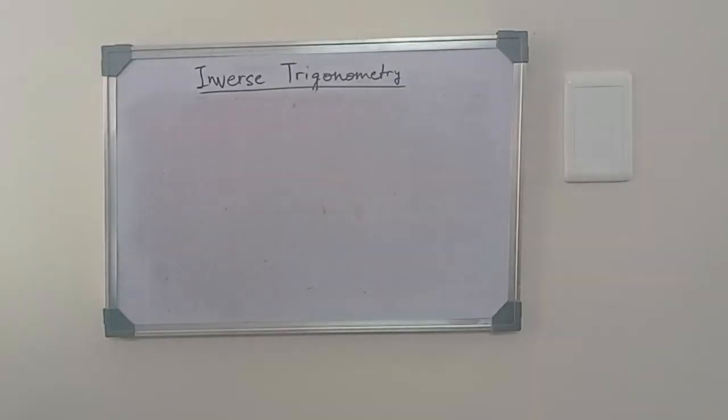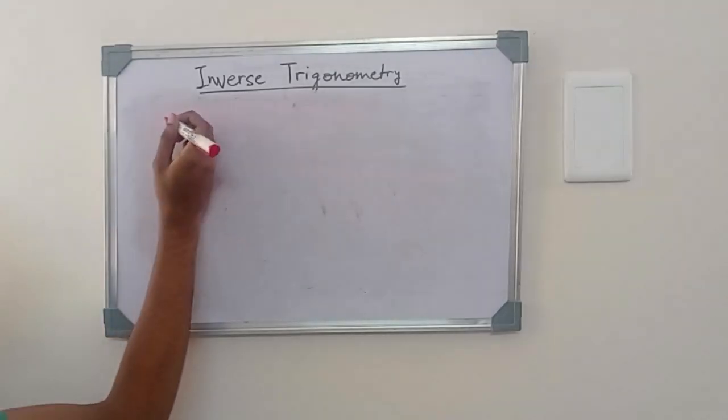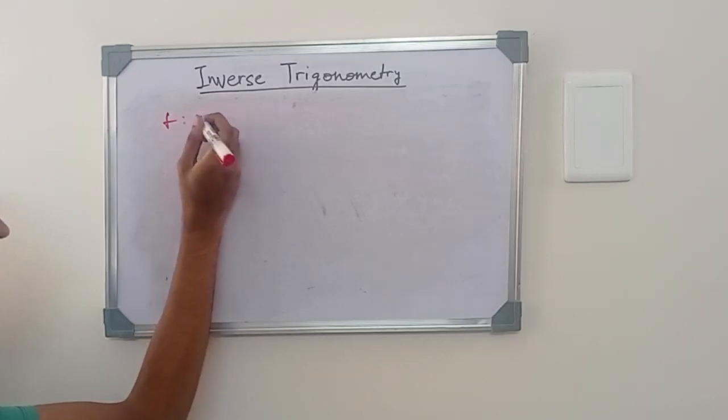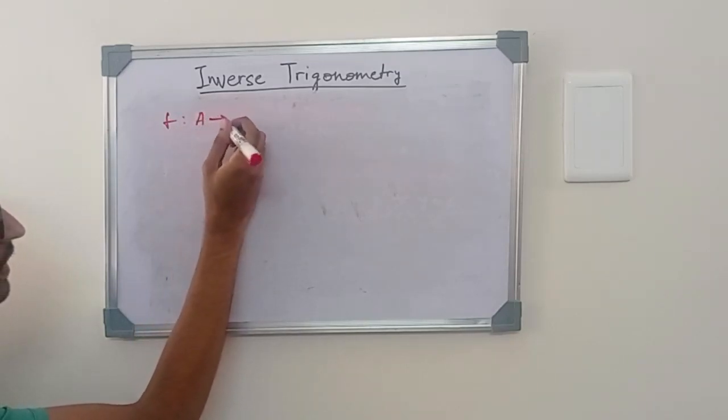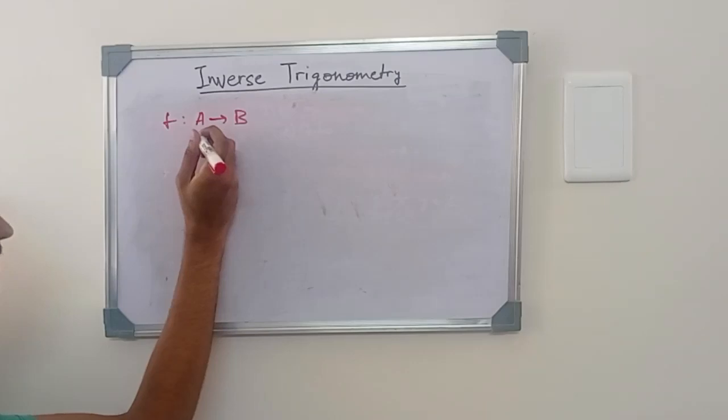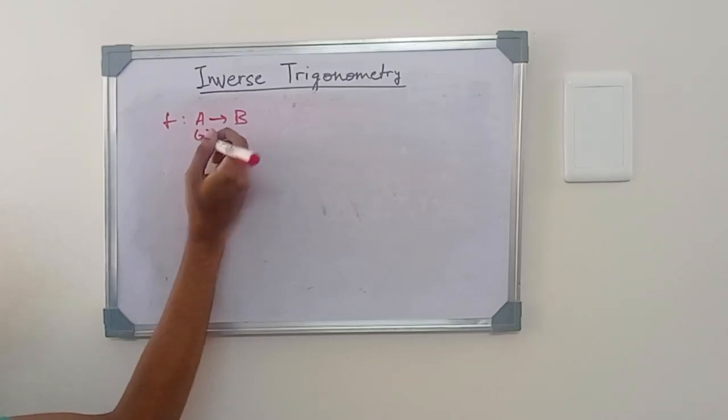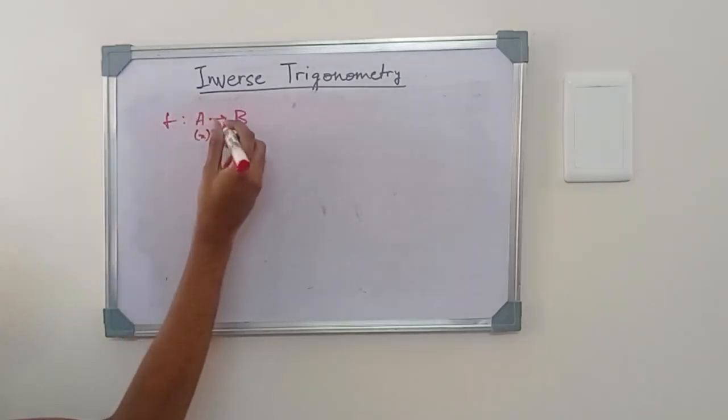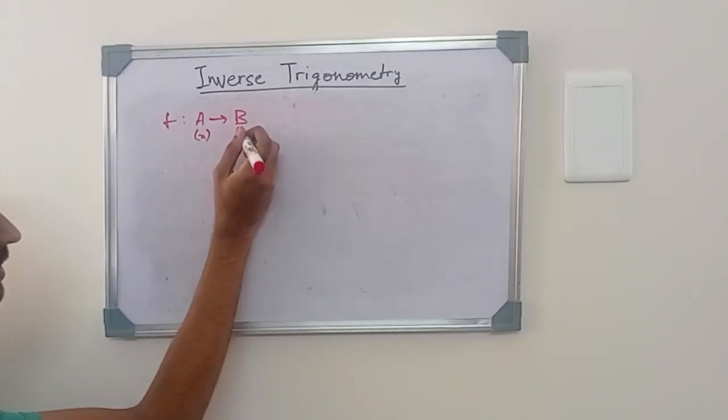To begin with this topic, let us first revise the conditions under which a function is invertible. Let us say we have a function f which has a domain A and codomain B. The elements of A are denoted by x and the elements of B are denoted by y.